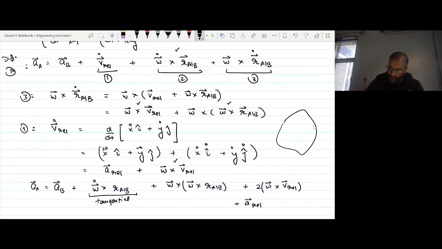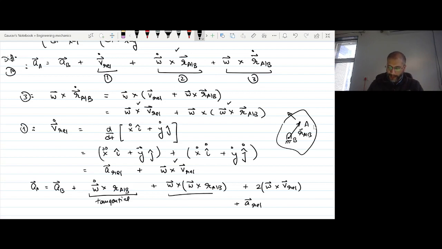If this is our body, this is the point around which we are measuring. This is B, this is A. Let's say the body is rotating around B. So this is RA with respect to B. This is a two-dimensional motion, so omega dot is also in the same direction as omega, outside the plane of paper. So omega dot cross R gives us this direction, which is nothing but the tangential direction.